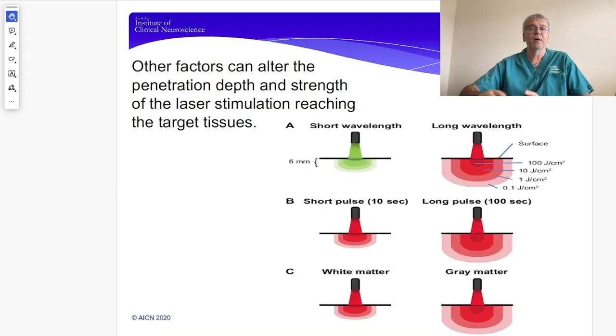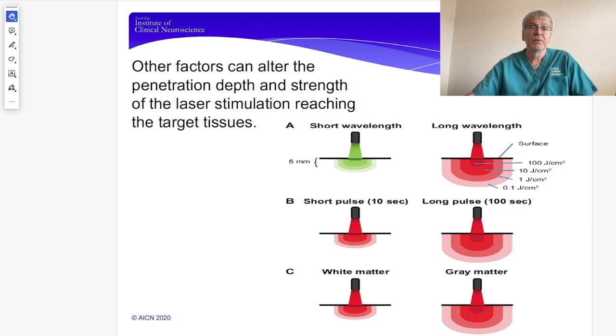Now, we also have other factors that can affect the amount of energy reaching the target area of the tissue we want. This is talking about the wavelengths generally, and whether we pulse the laser in short pulses, long pulses, or no pulses.